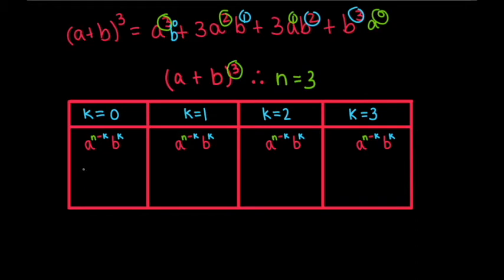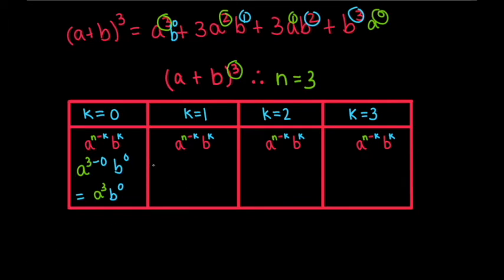So when we have a to the power of n, in this case 3, minus 0, b to the 0, that's really just the same as a cubed, b to the 0th.